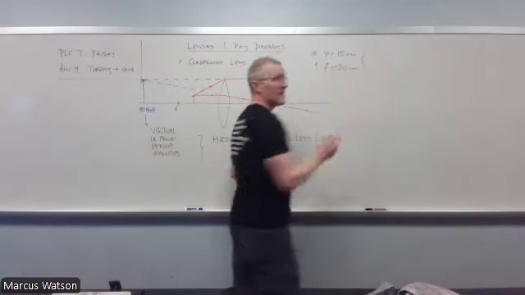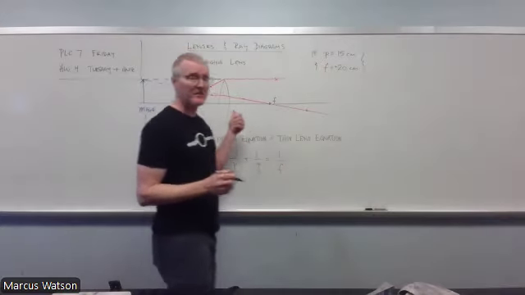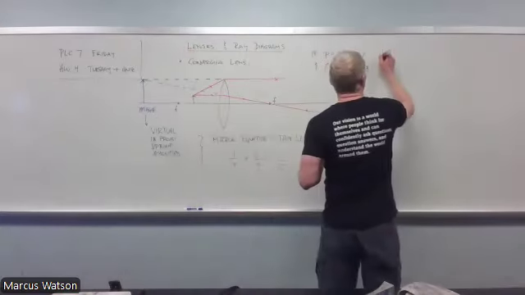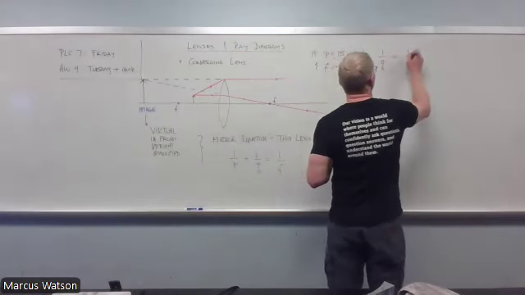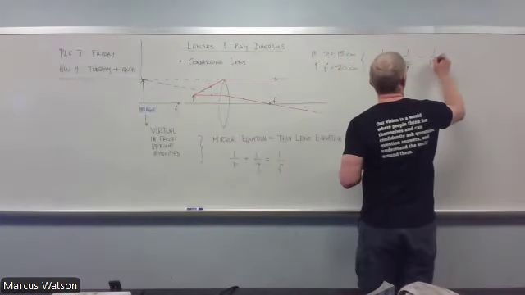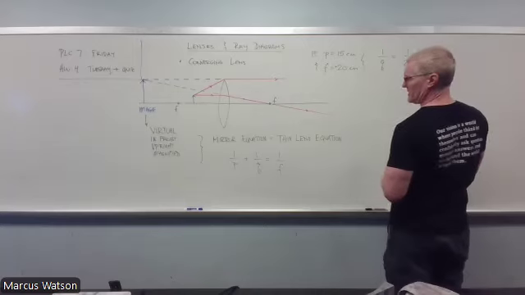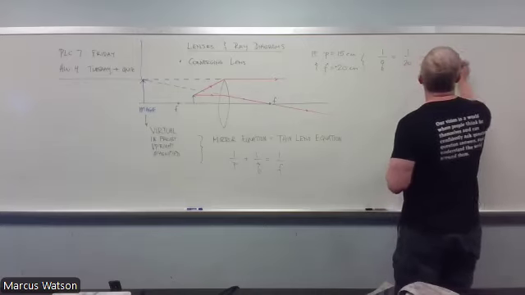Okay, we use the same sign convention for the focal length. If it's positive, it's a converging lens. It looks like this. Therefore, 1 over Q is going to be 1 over 20 minus 1 over 15. So what are we going to do here?